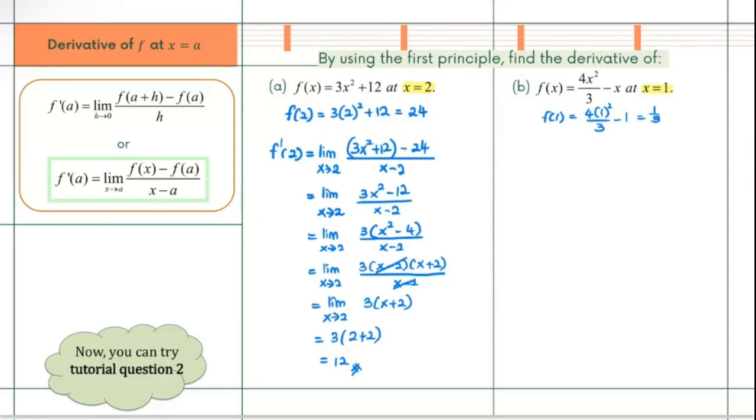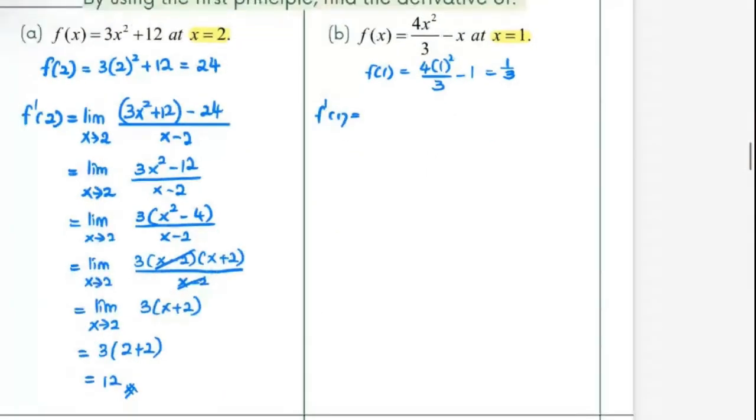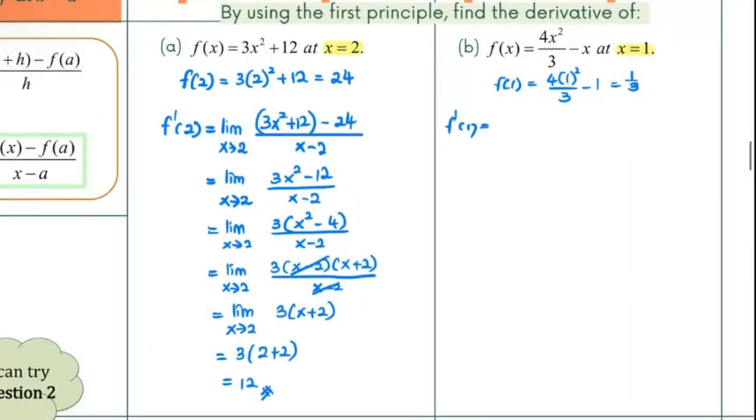Okay, so now let's find out what will be the value for f prime 1. Okay, so f prime 1 kita akan start dengan limit as x approaching 1 of fx, 4x square tolak per 3 tolak x tolakkan dengan 1 per 3 dibahagikan dengan x tolak 1.